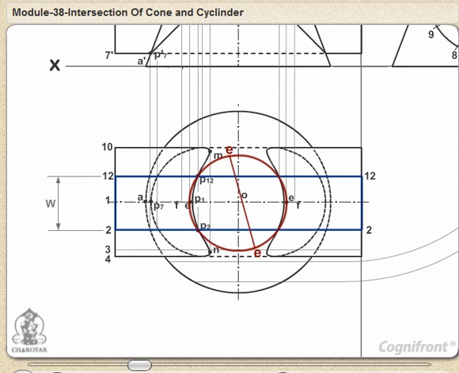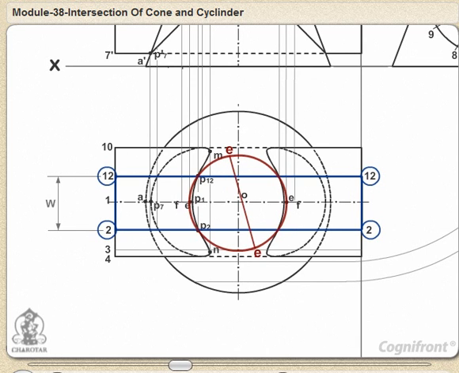These two sections intersect at points P2 and P12. These sections are clearly indicated in the top view by the rectangle 2, 2, 12, 12 and the circle of diameter EE.